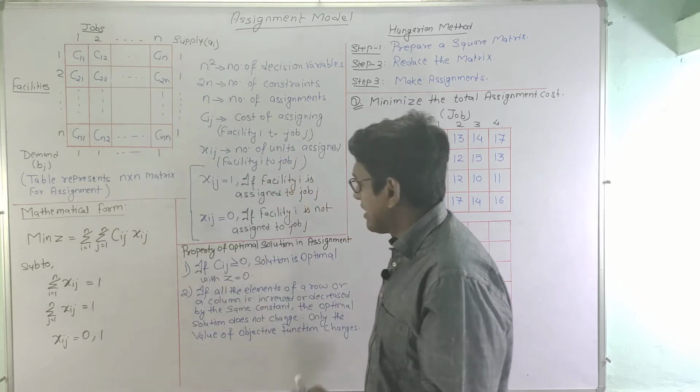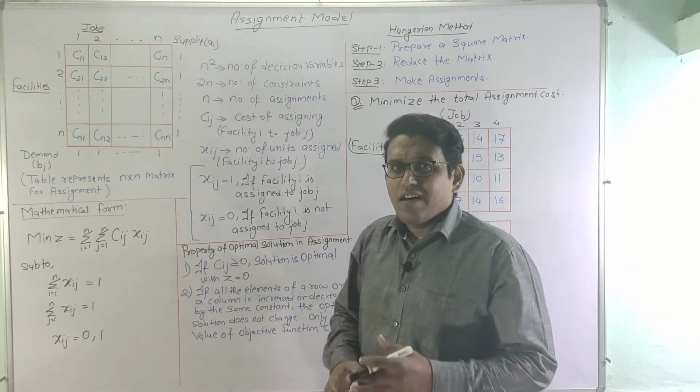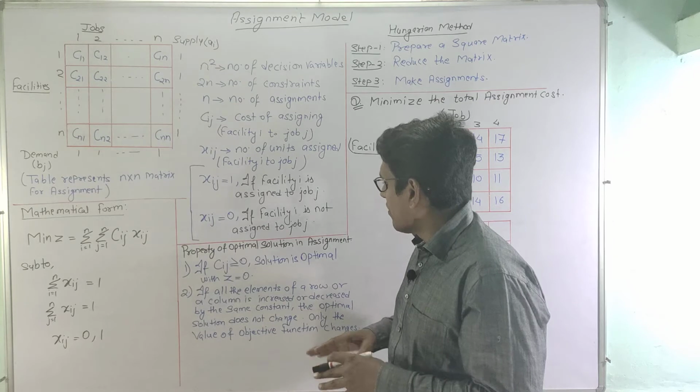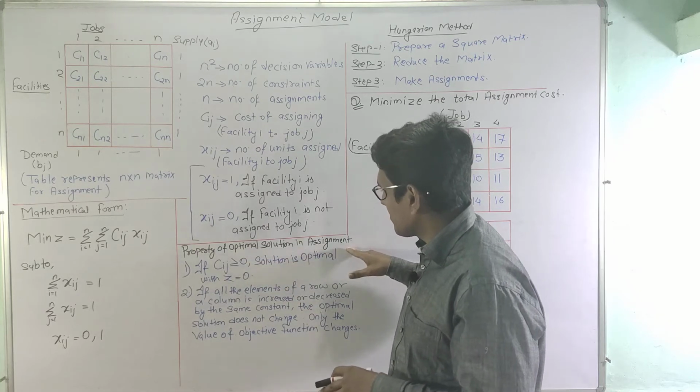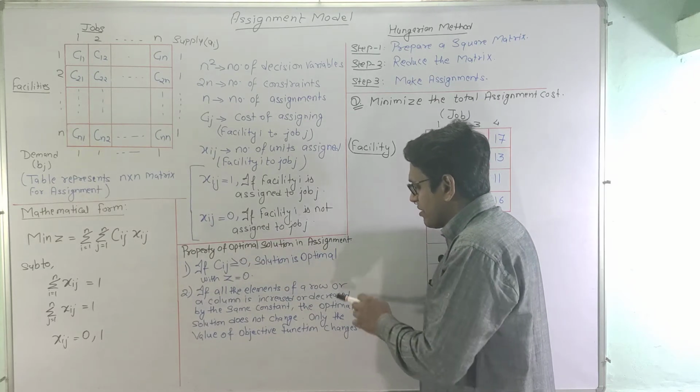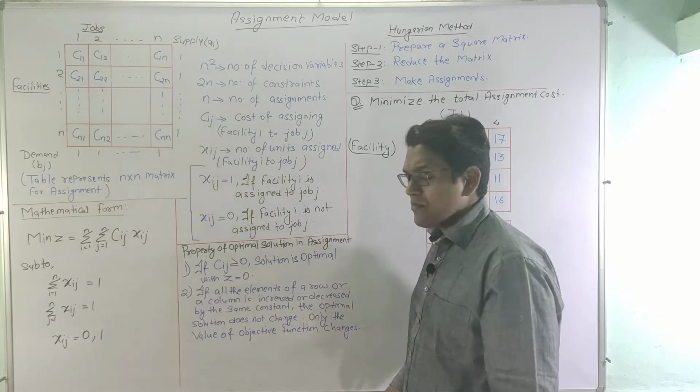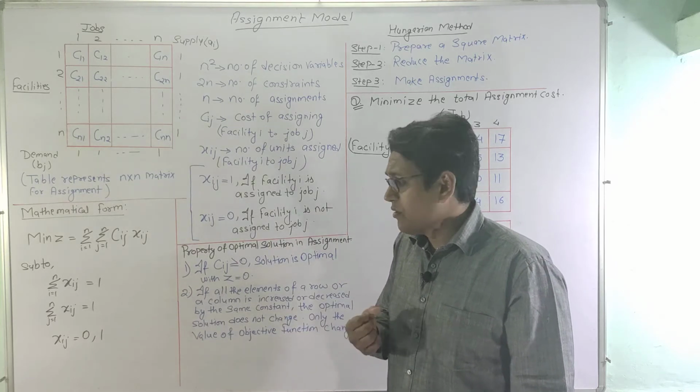Now let us understand what the properties of an optimal solution in assignment are. We need to remember these two properties on which our assignment model works.